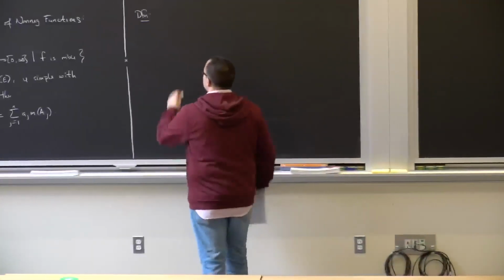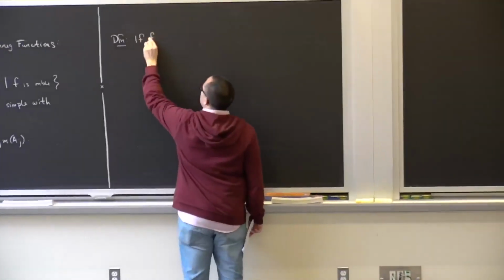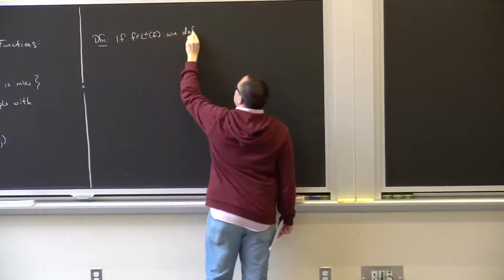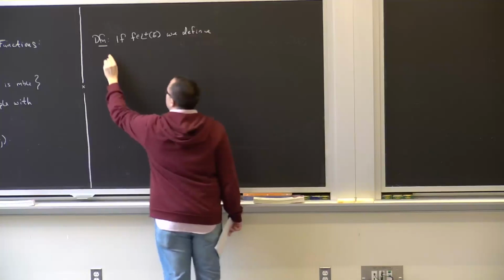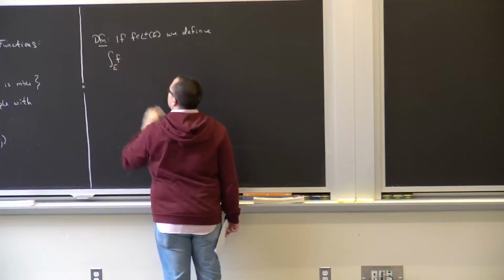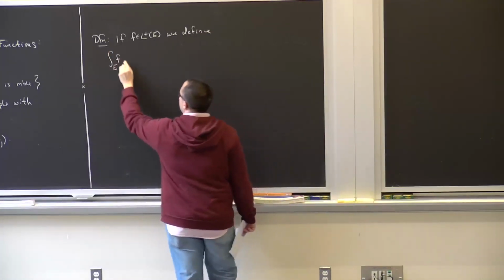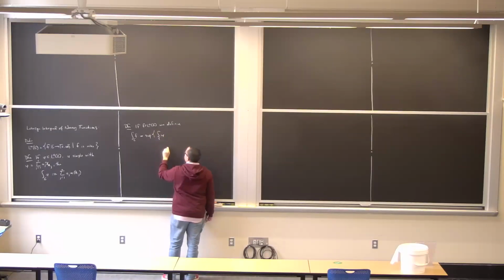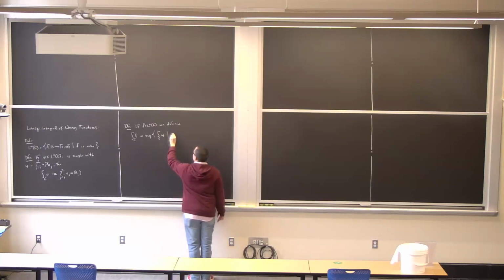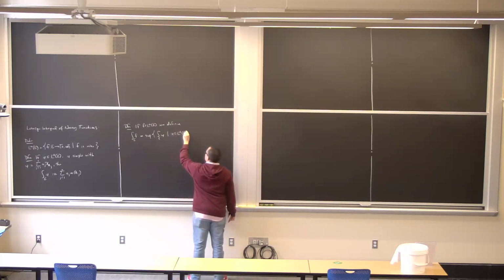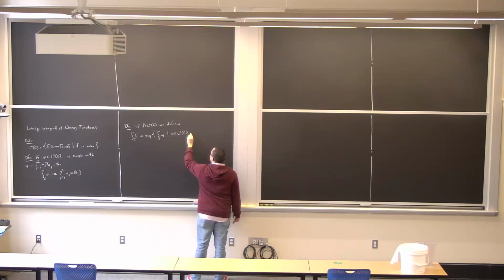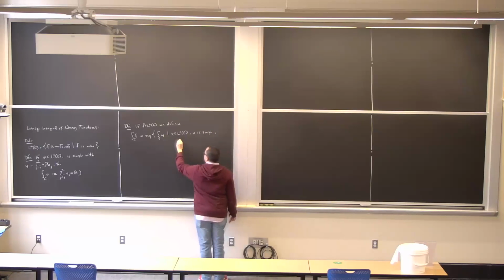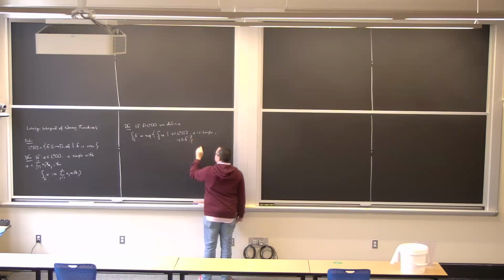So for a general non-negative measurable function f, we define the integral of f over E to be the sup of the integral over E of phi, where phi is a non-negative simple function and phi sits below f.